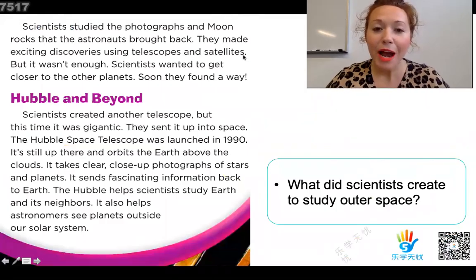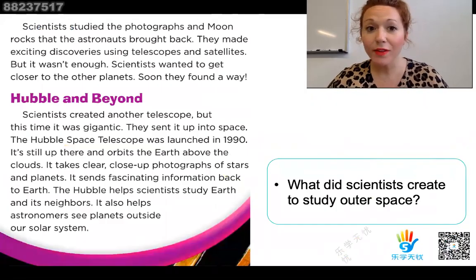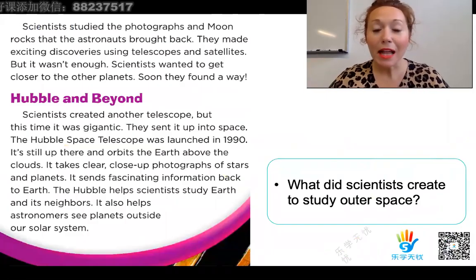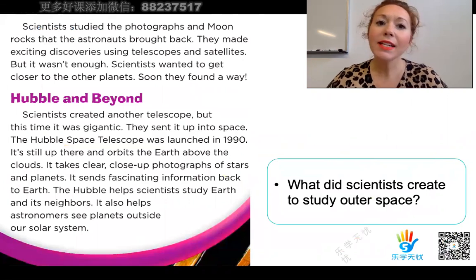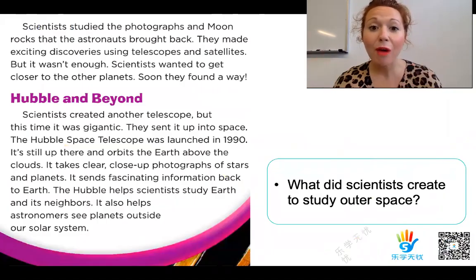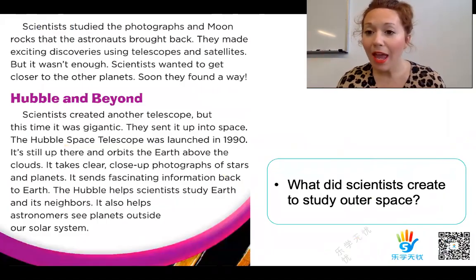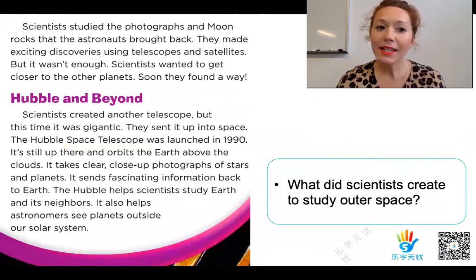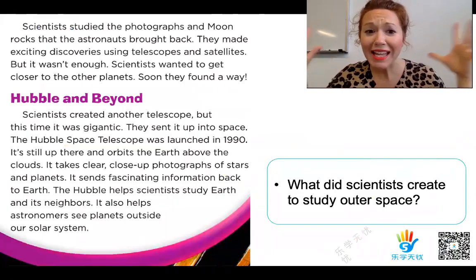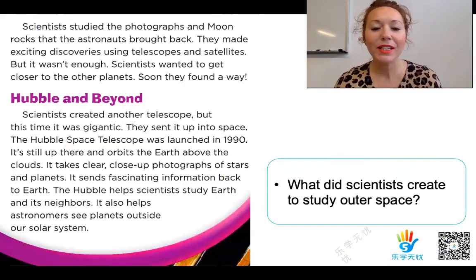Scientists studied the photographs and moon rocks that the astronauts brought back. They made exciting discoveries using telescopes and satellites, but it wasn't enough. Scientists wanted to get closer to the other planets. Soon they found a way. Hubble and beyond. Scientists created another telescope, but this time it was gigantic. They sent it up into space.